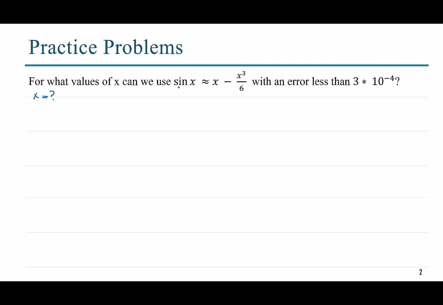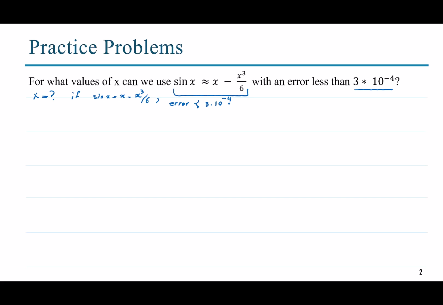Can I use sine x equals using these two terms with an error less than this value? So what are the x's if I use this and I want to have an error less than 3 to the negative 4.